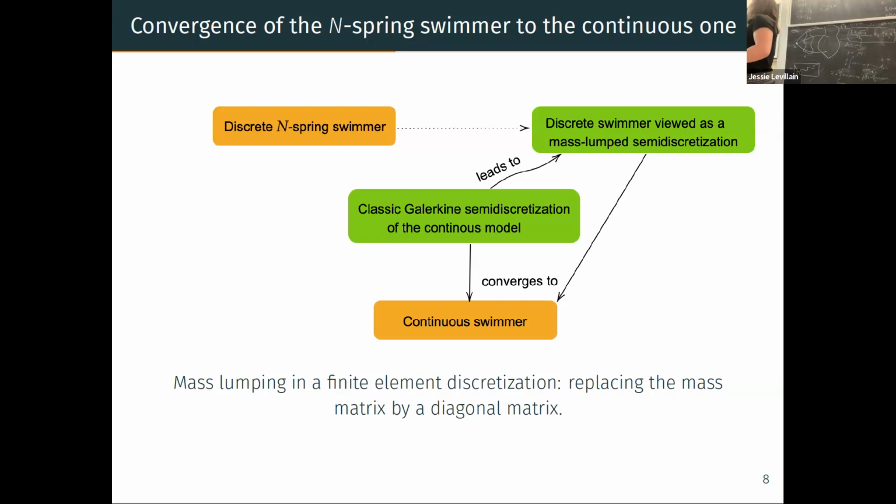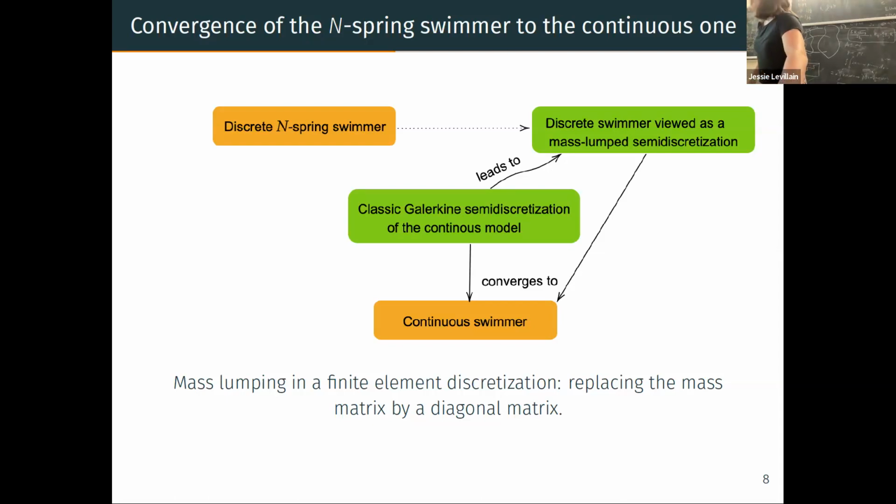This mass-lumped discretization is very similar to the discrete n-string swimmer. So we could view the n-string swimmer as a mass-lumped discretization of the continuous swimmer. By going through all these steps, we could prove that the mass-lumped semi-discretization was converging to the continuous swimmer.